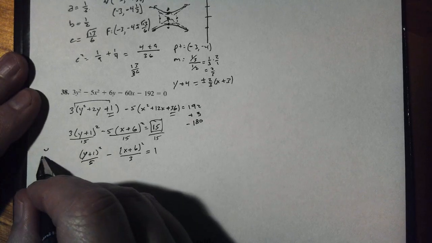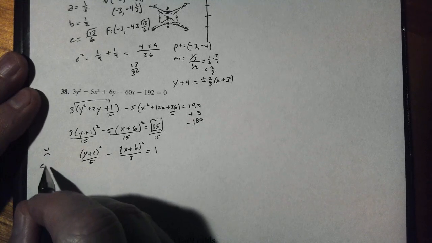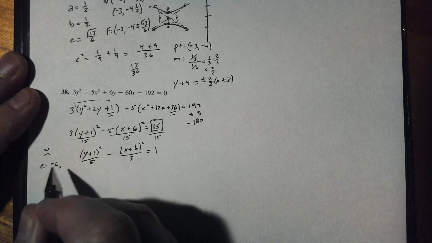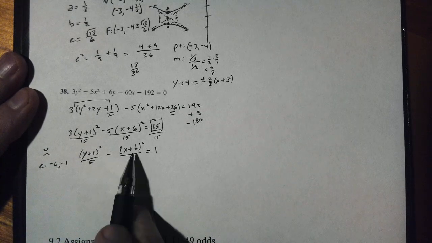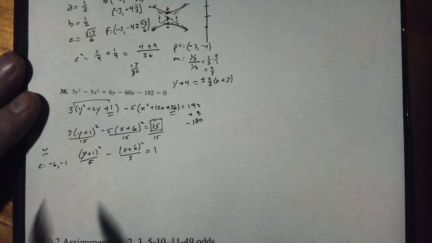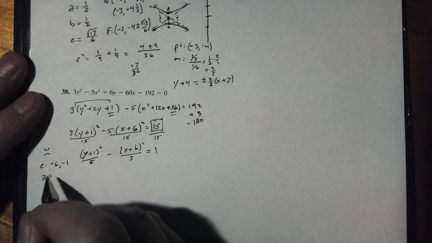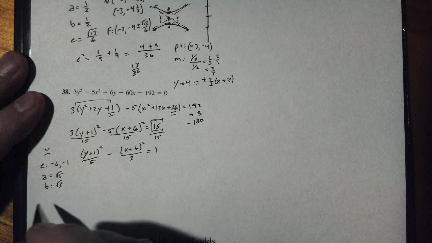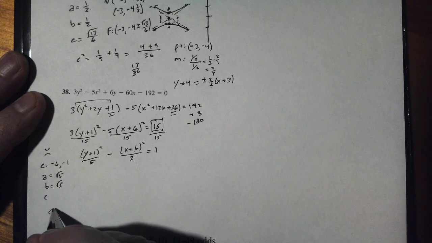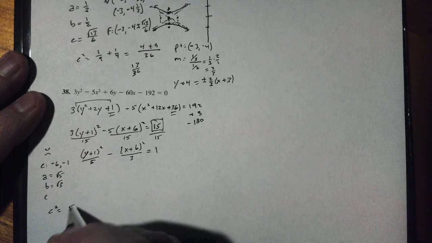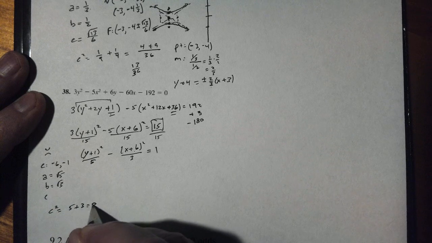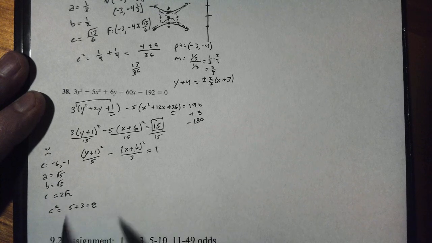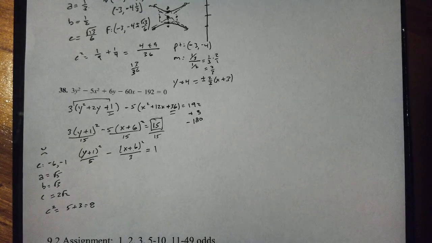This opens up, down. The center is -6, -1, my h, my k. A is square root of 5, B is square root of 3, C squared is A squared 5 plus B squared 3, 8, C is 2 square root of 2, and we got all the heavy lifting done.